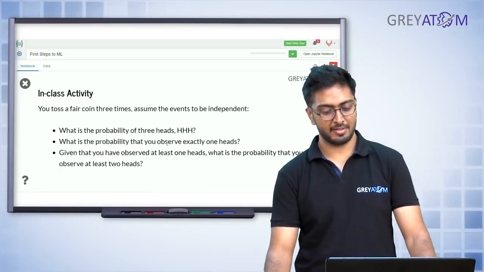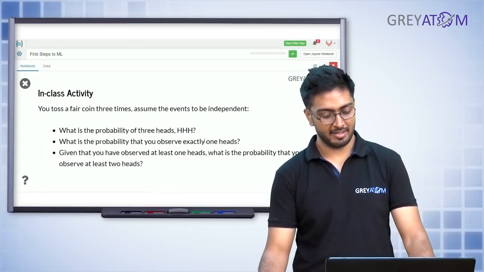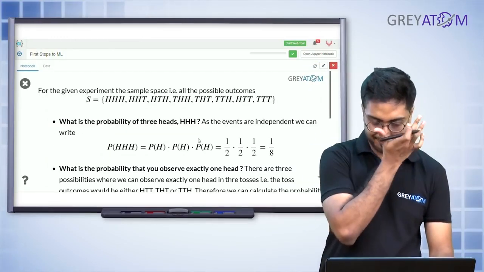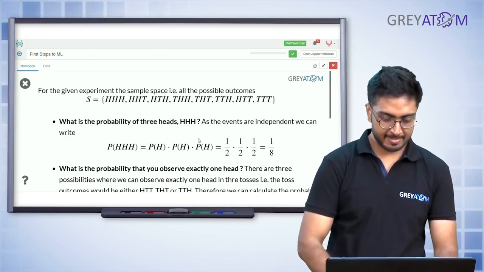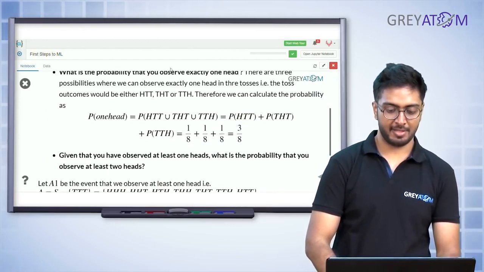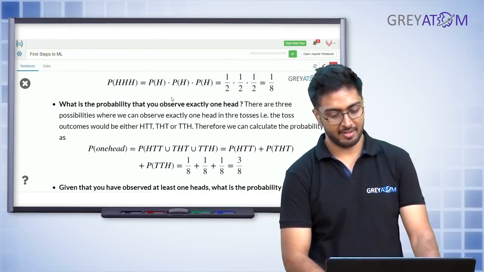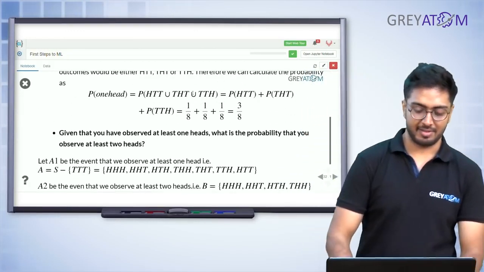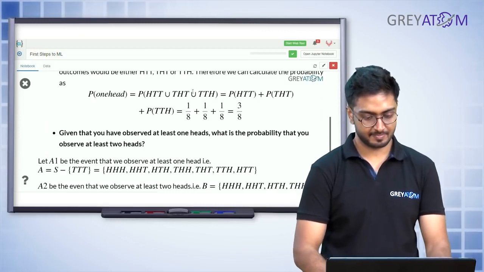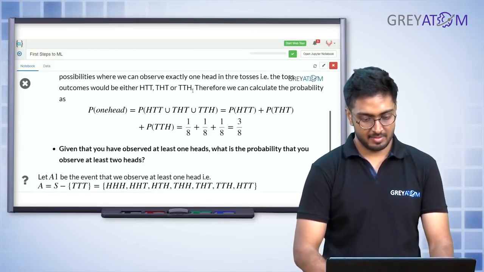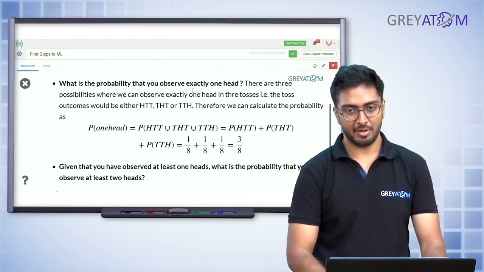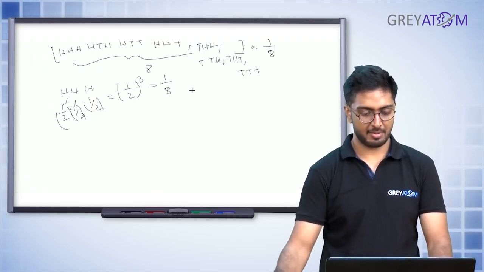Now what is the probability that you observe exactly one head, right? Exactly one head is basically these options from the possible outcomes.